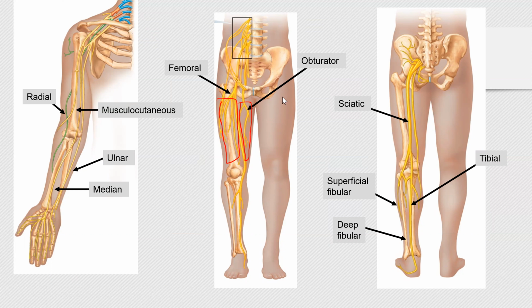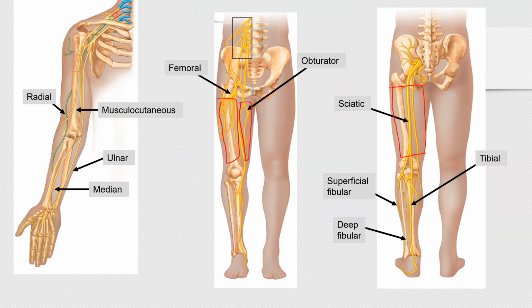Now, when we look at the posterior side, here's our sciatic nerve, which is actually two nerves together. In some books, you will read that it's the tibial nerve that innervates this posterior thigh, or maybe sciatic in other books. But here is our posterior thigh, and it's innervated by sciatic, or you can say tibial. That's correct.